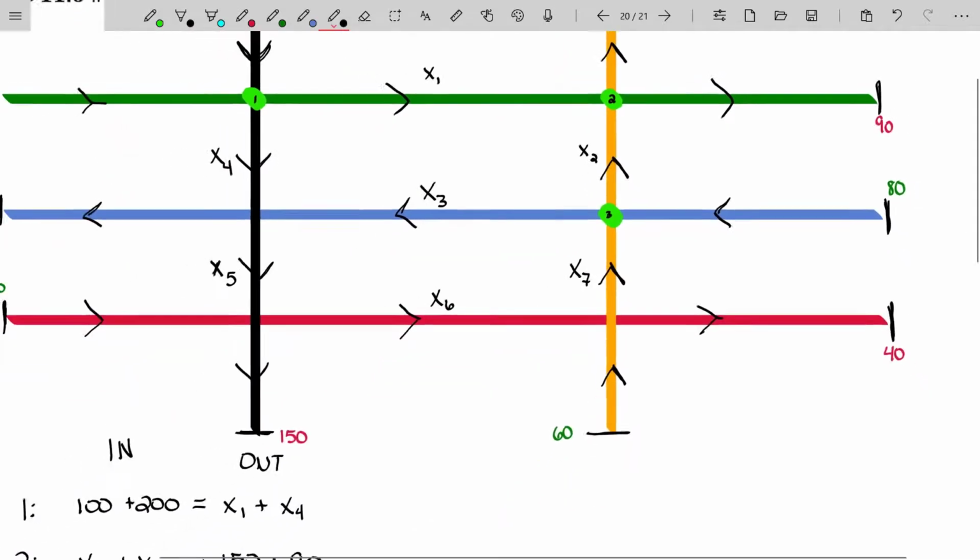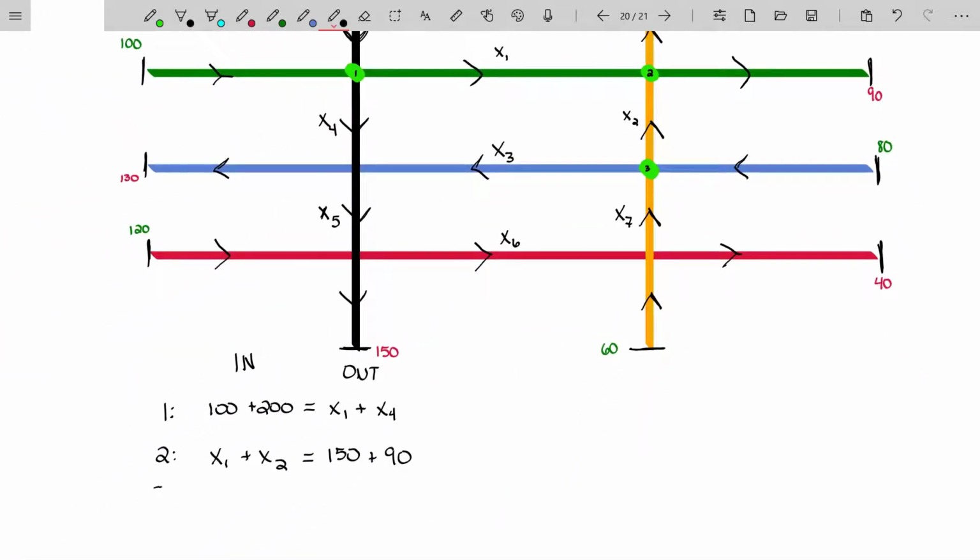Well, we have 80 cars flowing in from the east. And from the south, we have X sub 7. And then flowing out of that intersection, we have X sub 2 going to the north and X sub 3 cars going to the west.